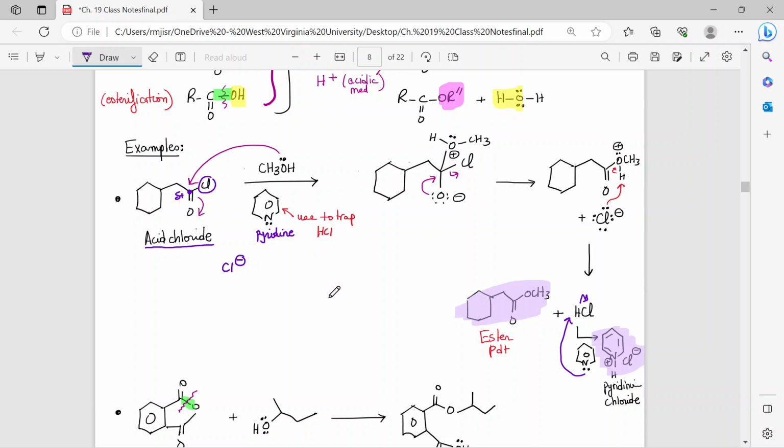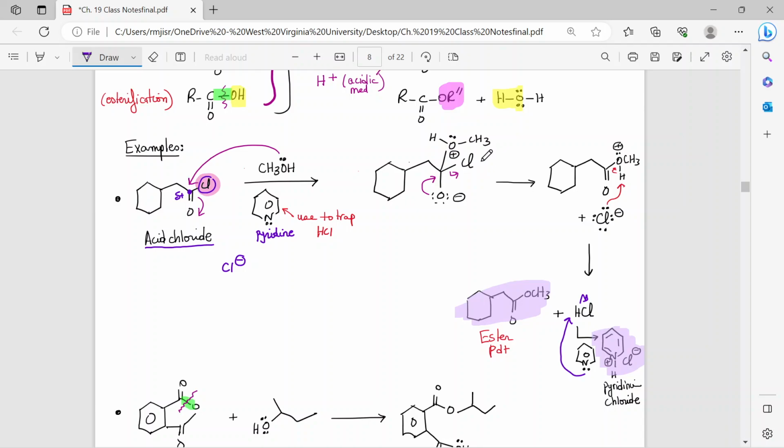Then always remember, whenever you are starting with a derivative of carboxylic acid, you're going to end up having a leaving group. So that leaving group needs to leave by resonance. So every time the leaving group of these carboxylic acid derivatives is leaving by resonance, the lone pairs are going to close and the leaving group is going to leave.